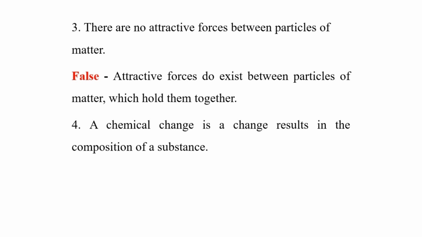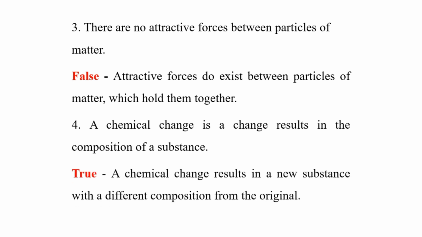Question number 4. A chemical change is a change that results in a change in the composition of a substance. The answer is true. A chemical change results in a new substance with a different composition from the original.